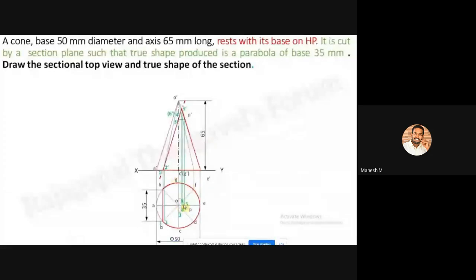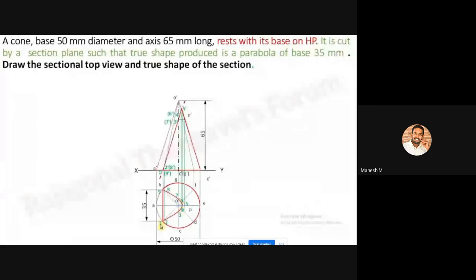Okay, so after creating these 9 cutting points, you can join all these 9. That means 1 to 2, 2 to 3, 3 to 4, 4 to 5, 5 to 6, 6 to 7, 7 to 8, and 8 to finally 9. Okay, so after doing that, you can connect all these cutting points with an arc.